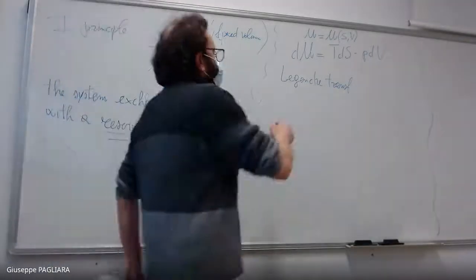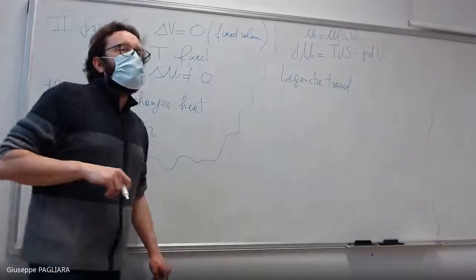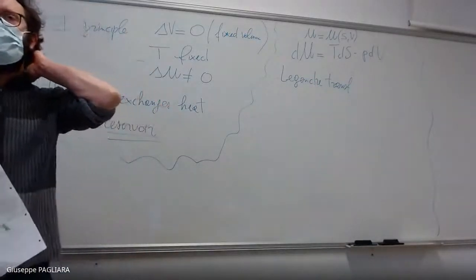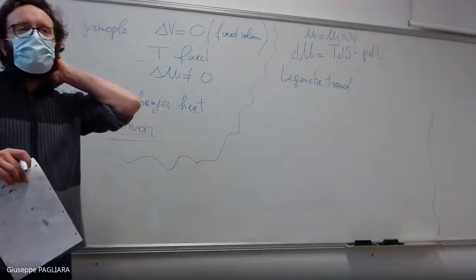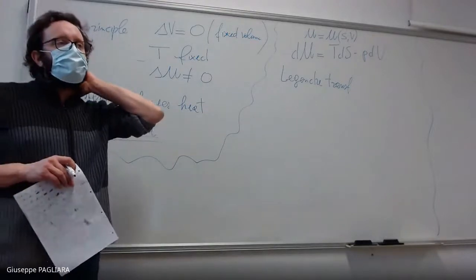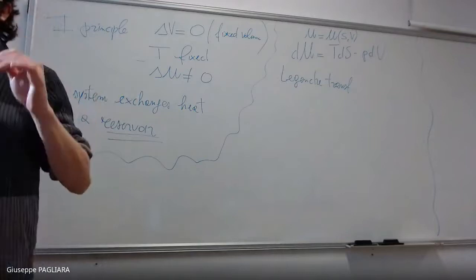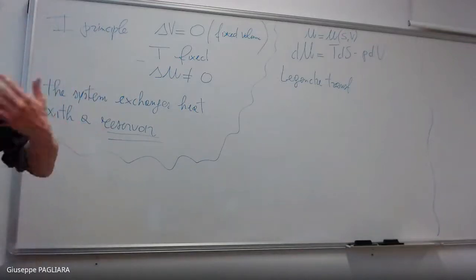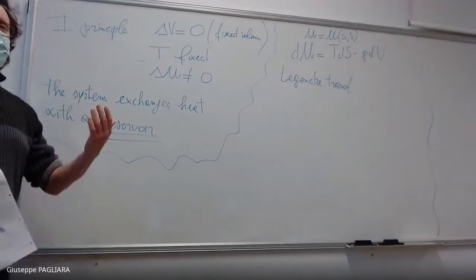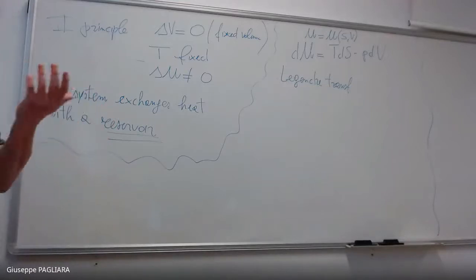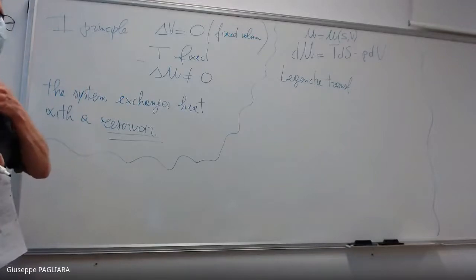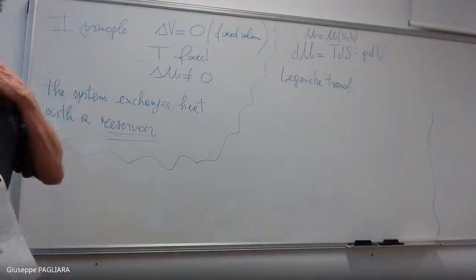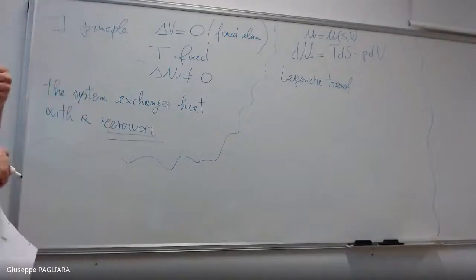A typical example of Legendre transformation in analytical mechanics is the transformation between the Lagrangian and the Hamiltonian, as you remember, so that this allows us to talk about q and q dot, position and velocities, or to talk about p and q, position and momenta.